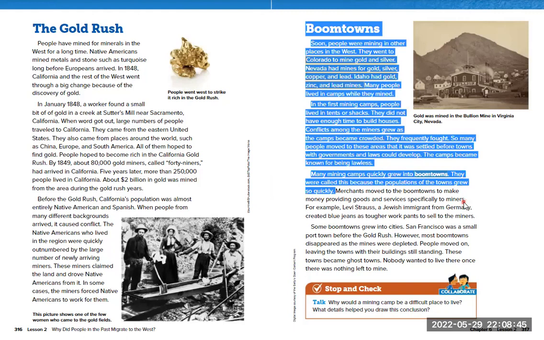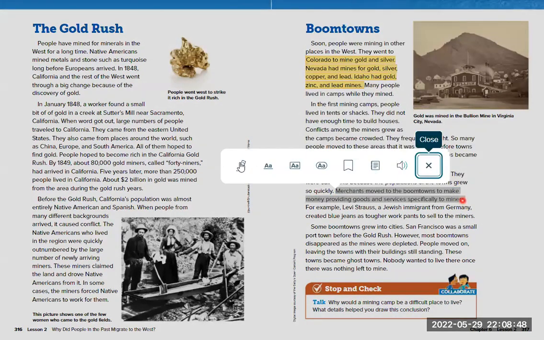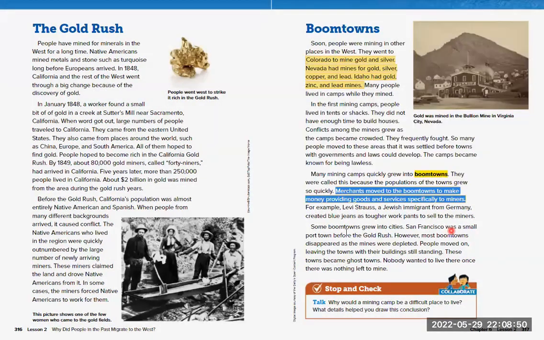That is another reason why people might move to a location. If you know no one in that area has something that you can sell, you can definitely move there. And of course, moving there for gold.